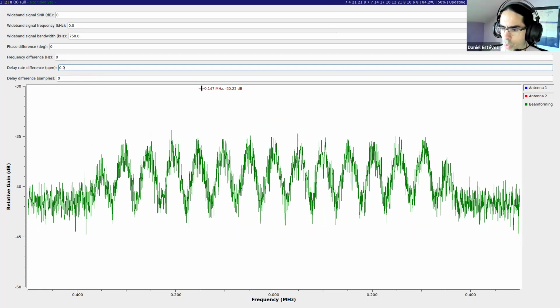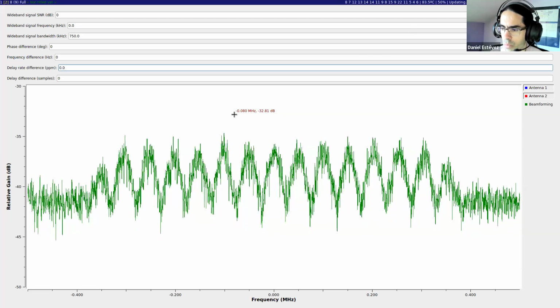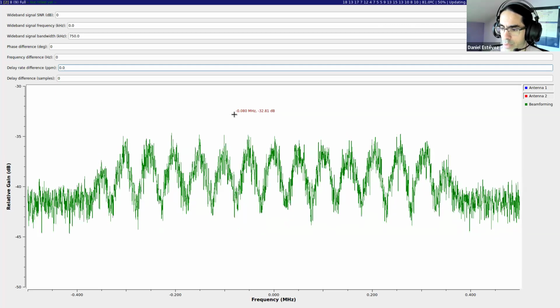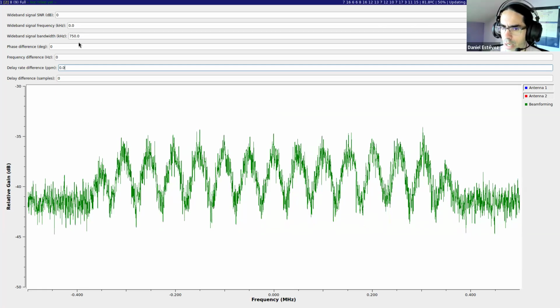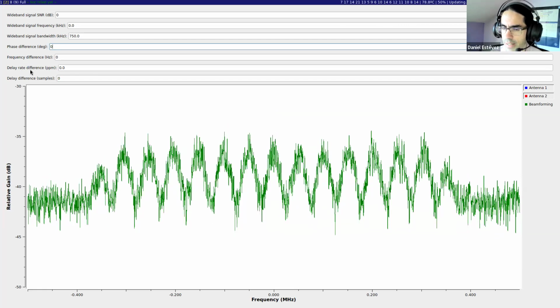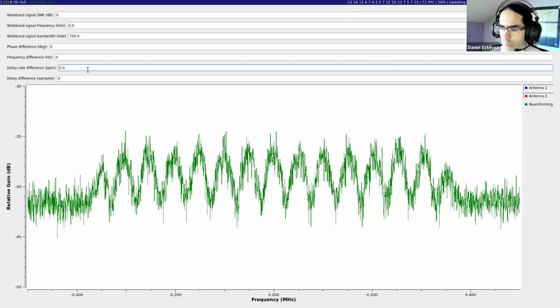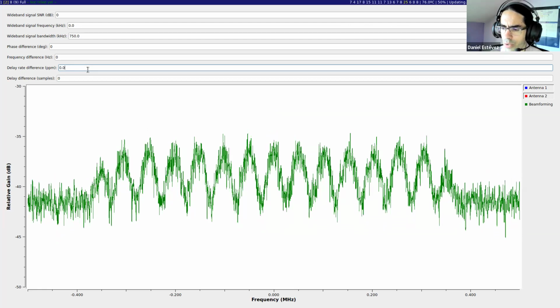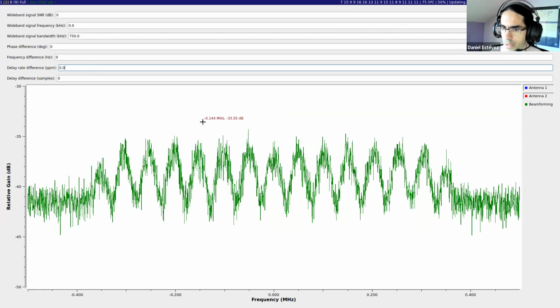Great. So what we have seen is when we try to combine the signals from two antennas or perhaps more antennas in the real world, there are these unwanted effects. So there are phase, frequency, delay, and delay rate differences between the two antennas that we need to take into account, or otherwise something like this will happen.